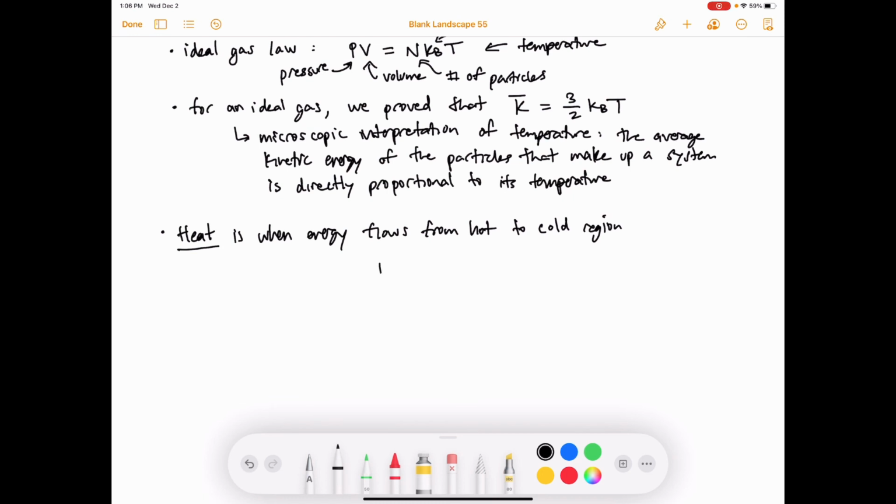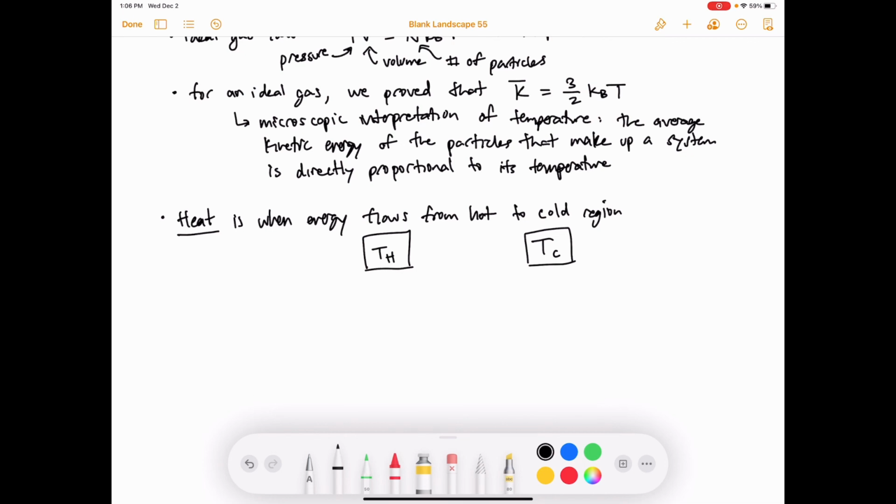And the picture to have in mind is, let's say you have a hot region with temperature TH and a cold region with temperature TC. If you allow those two regions to exchange energy, if you put them in contact with each other, then you're going to have heat flowing from the hot region to the cold region. We call that heat Q, by the way.